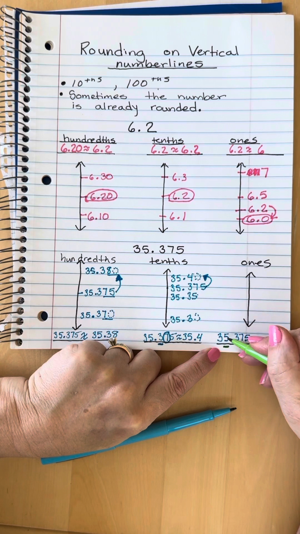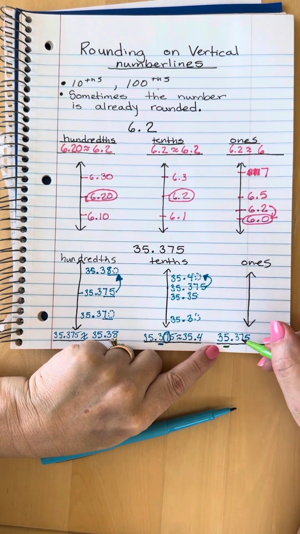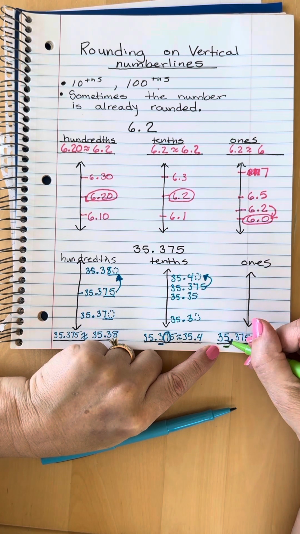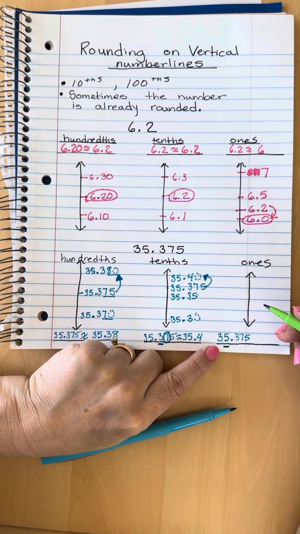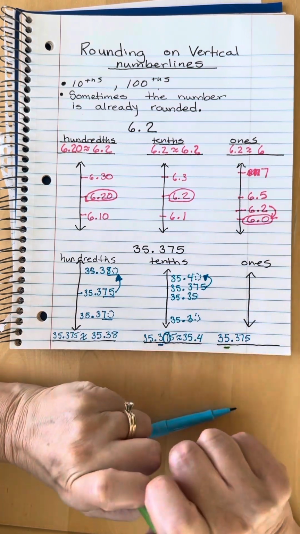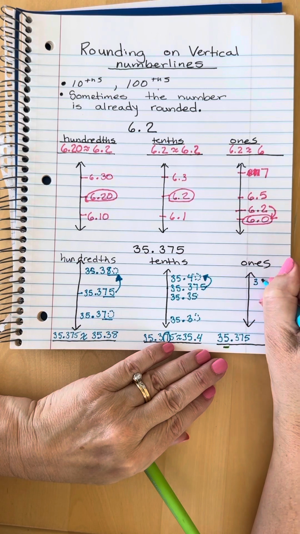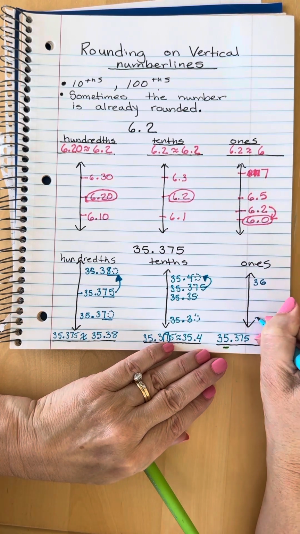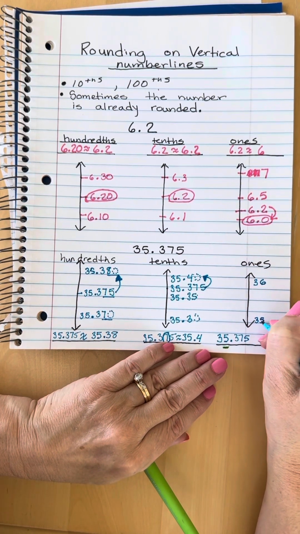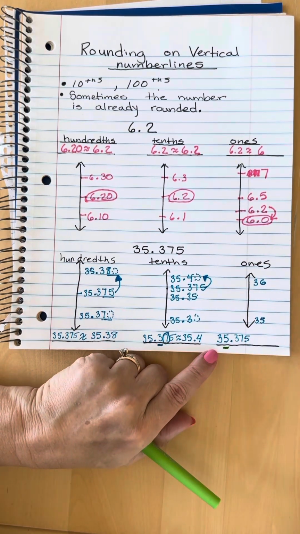I'm trying to round it to 35. So I know it's more than 35 right now, so I'm either going to round to 35 or I'll go up to 36. So I don't know yet. So what I'm going to do is I'm going to write 36 and 35 because this number falls somewhere between the two.